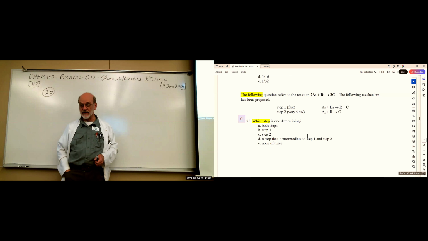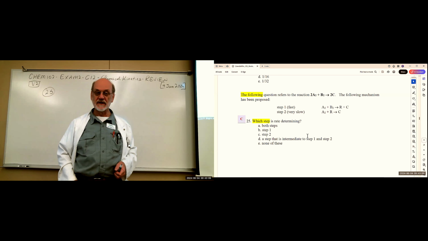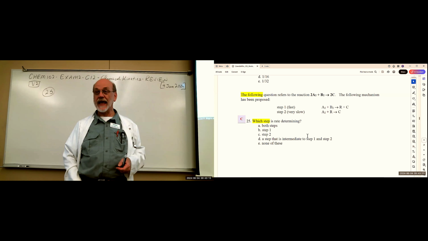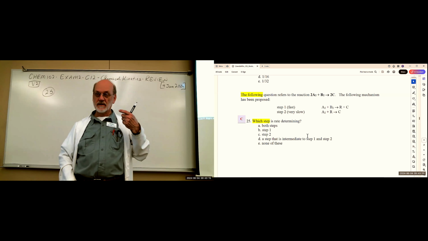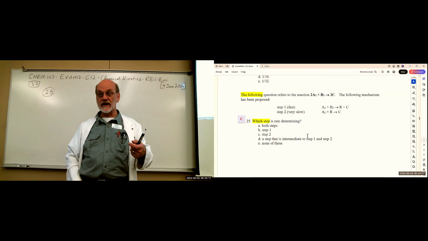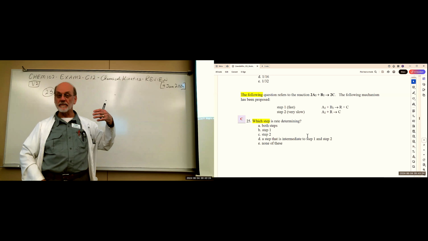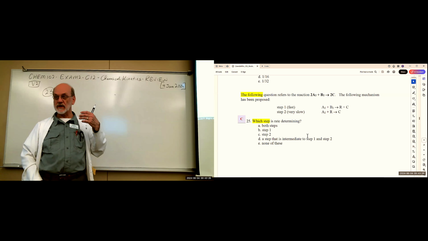It's all relative. When you propose a mechanism, the slowest one determines the rate, and it's the source of the overall rate expression. You start with that one, and you produce the overall rate equation from that equation plus all the others.